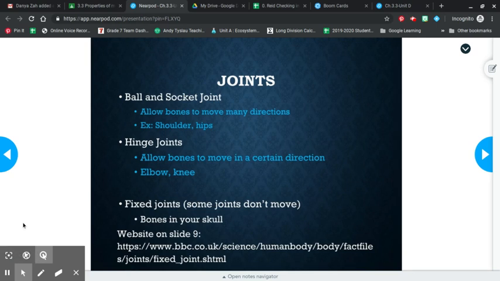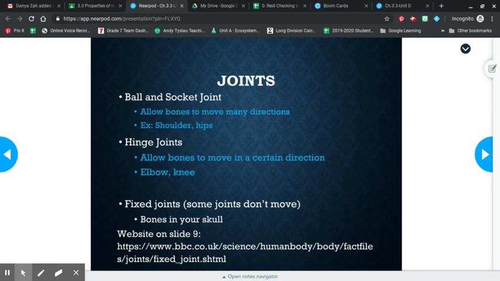So joints. When I think of a joint, I always think of the joints of a door that allow the door to open and close. Go to a door now and look at what's holding the door to the wall. Those would be examples of joints, actually a hinge joint. Sorry. Okay, so they have different functions.